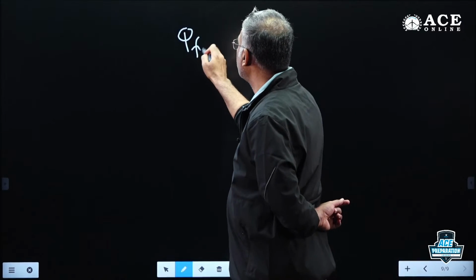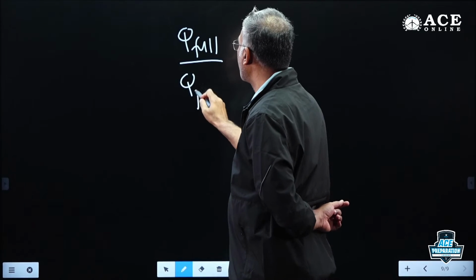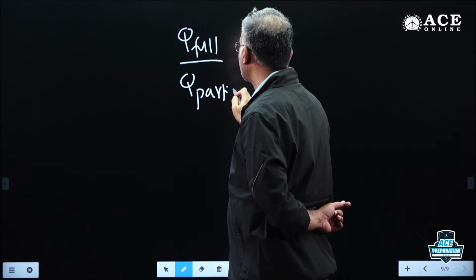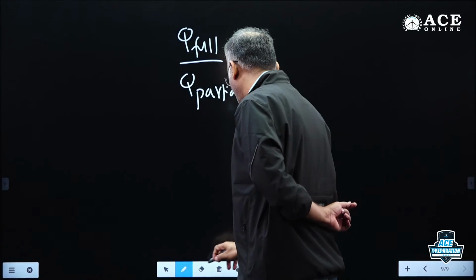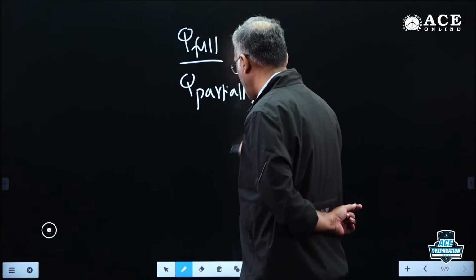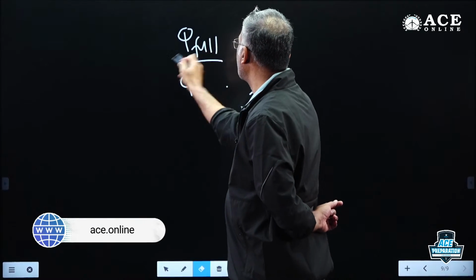Is it clear to you? In addition to that, other parameters you are also expected to link, like the ratios Q full by Q partially full, where for the partially full condition we take small q.